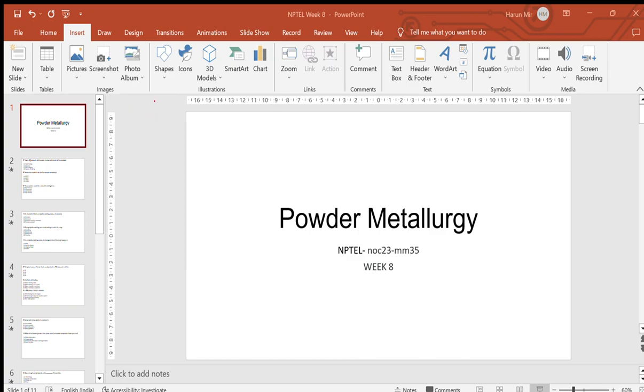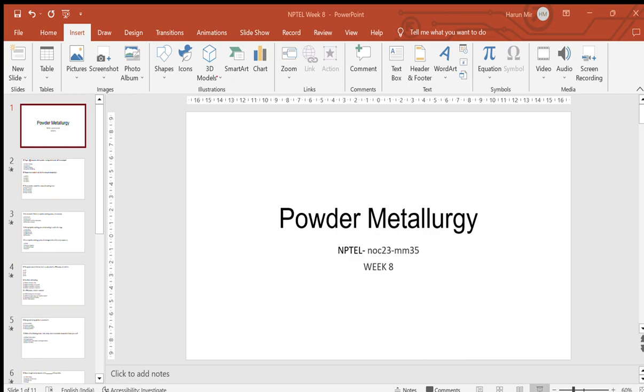Because by injection molding, you can create a 3D compact by first injecting the mixture of our powder and binder into the mold and then getting a desired shape based on the type of the mold. Tape casting is actually a 2D technique, so you will have some flat surfaces out of it. For extrusion also, you will have long bars.